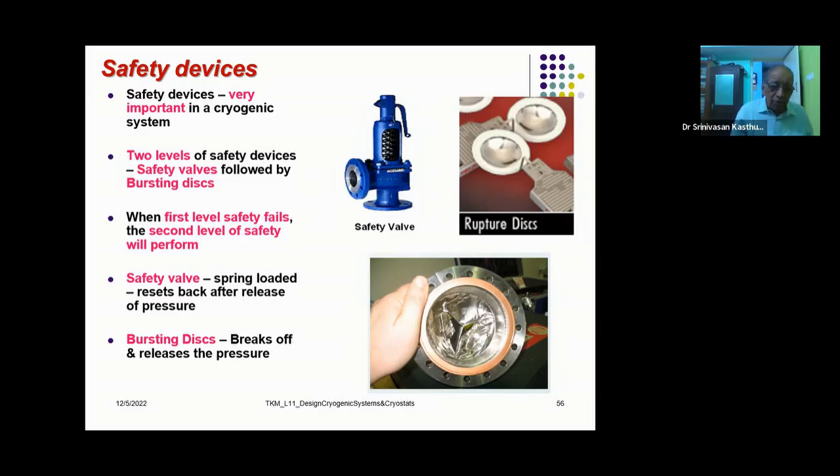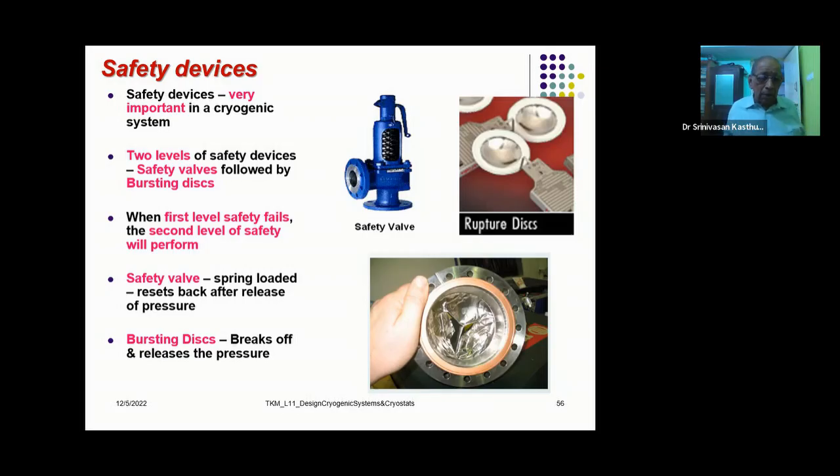When the first level of safety fails, then you need to incorporate a second level of safety, and that is done by a bursting disc. Say a small disc of thin metal sheet that is allowed to be punctured. Normally it will not be punctured. Normally it will be closed, so that it takes care of the vacuum.